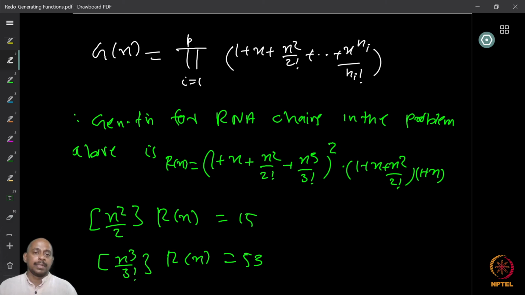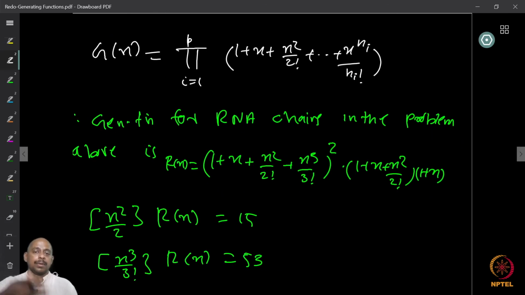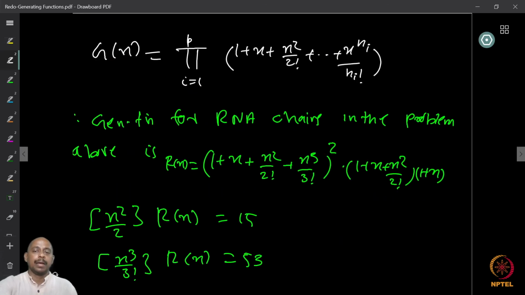The generating function for the RNA chains is basically obtained by substituting the corresponding numbers for each of the type i objects. So 1 plus x plus x squared by 2 factorial plus x cubed by 3 factorial for the type A and type G objects, because both of them have 3 available, and therefore it is the square of this polynomial. Then we have 1 plus x plus x squared by 2 factorial for the type C object. And for the type U object, there is only 1 available, so either 0 or 1 I can choose, giving 1 plus x.